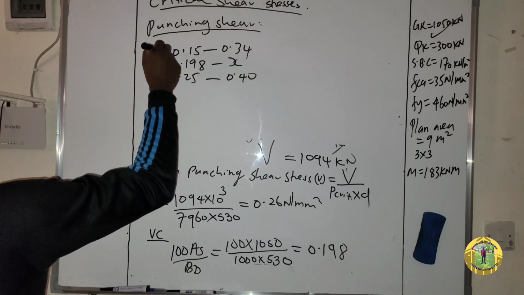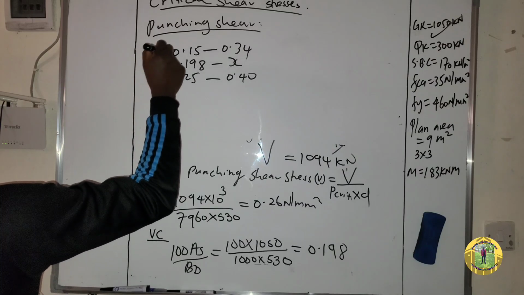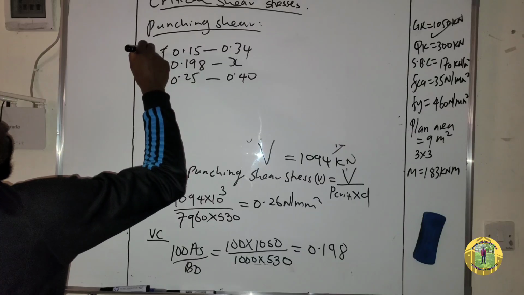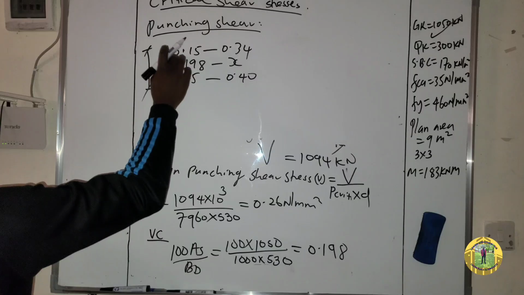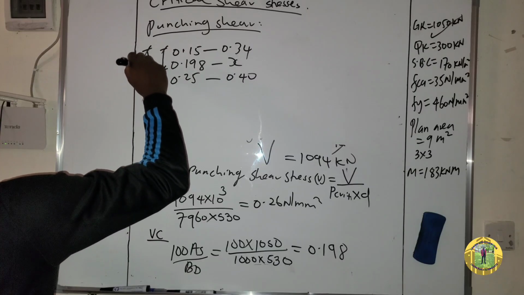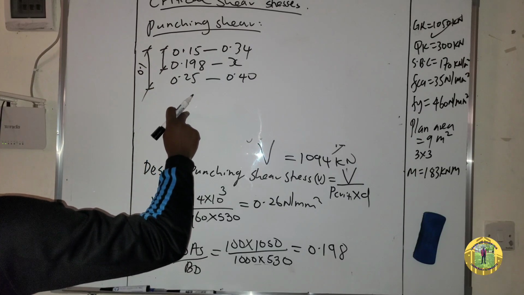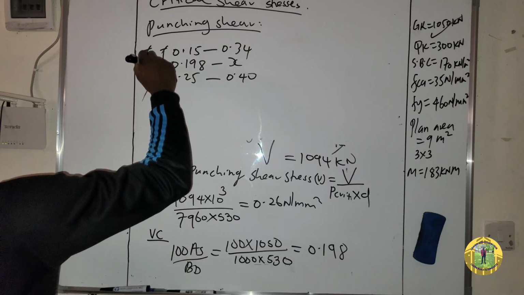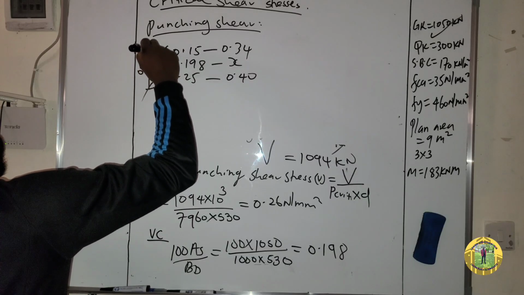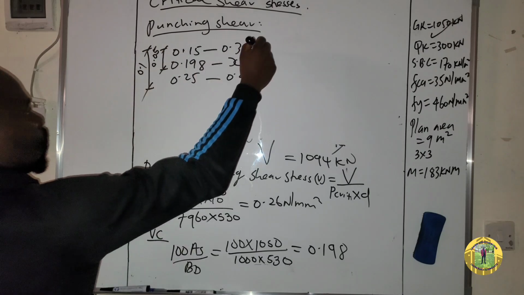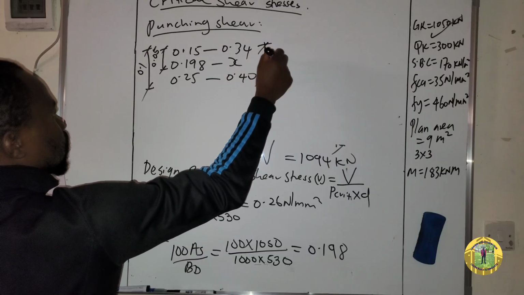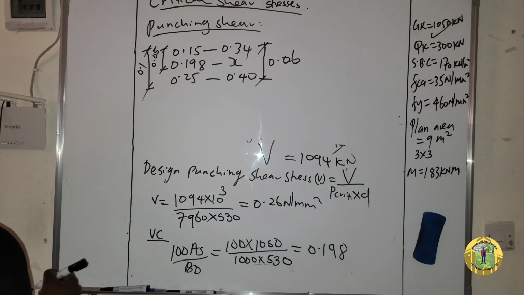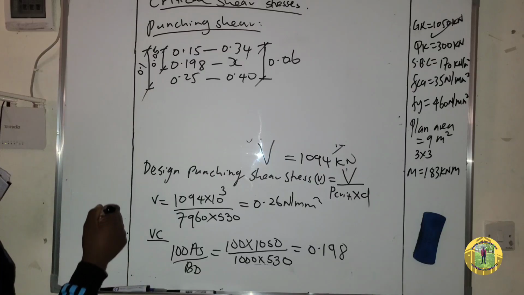Then we'll get the difference between this and that, and also this and that. So 0.25 minus 0.15 is 0.1. And then 0.198 minus 0.15 is 0.05. And then also get the difference between these two, and the answer is 0.06. Now you can do the comparison and get the value of x.